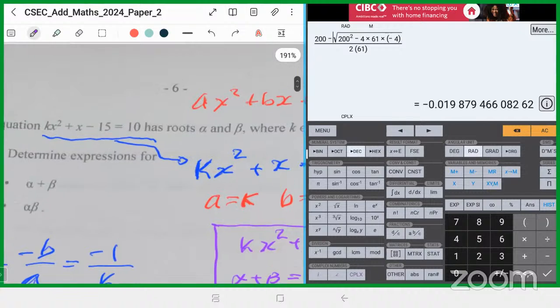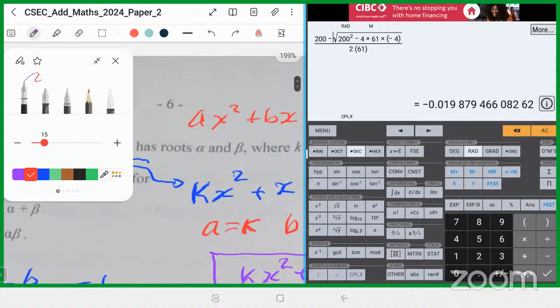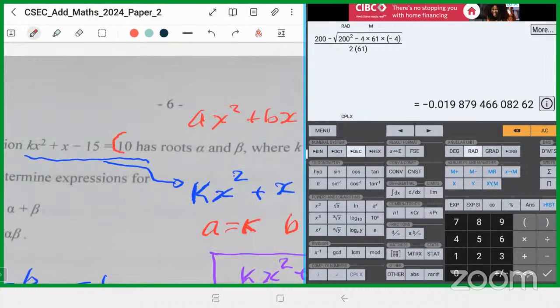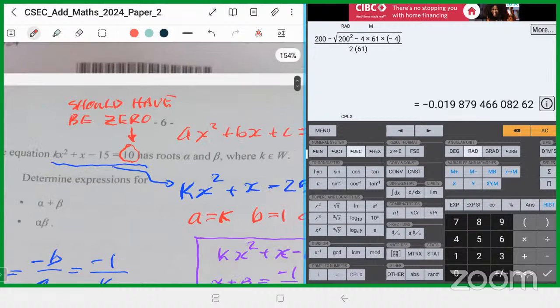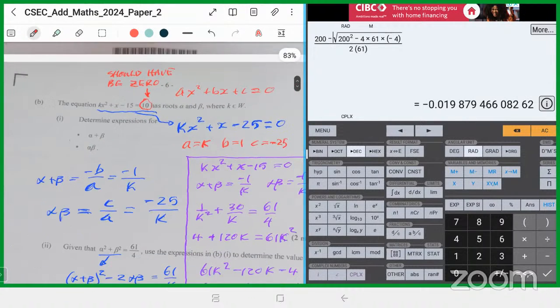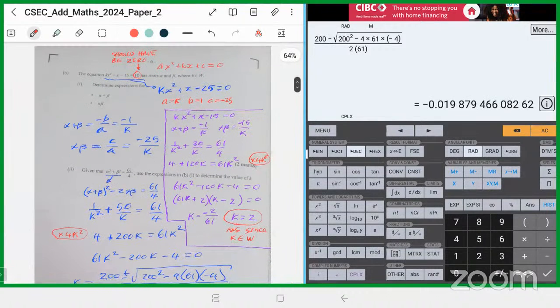CXC made a mistake here. This should have been 0, not 10, to make k actually a whole number.